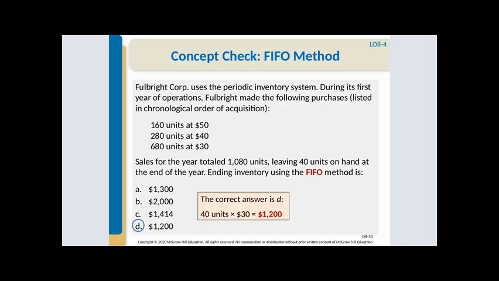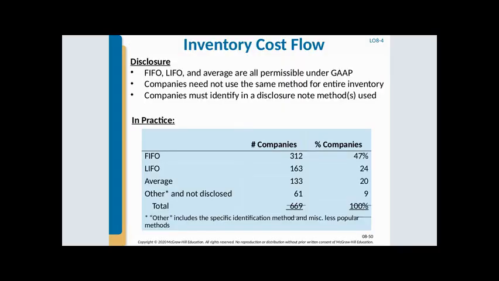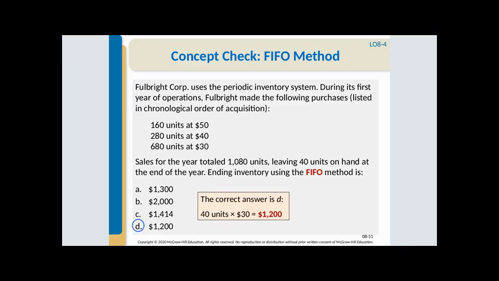In terms of disclosures, we have to disclose what method we are using to calculate our inventory. Most companies don't just use one method. They may use one method for one type of merchandise and another method for another.